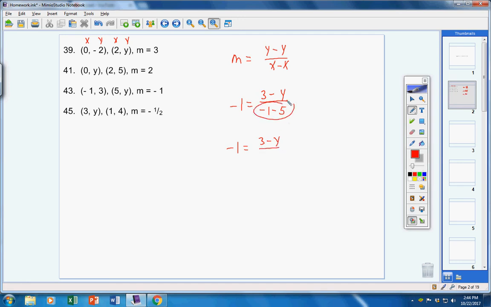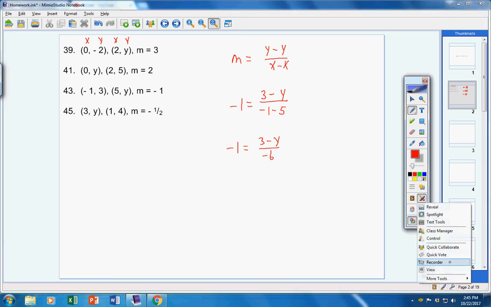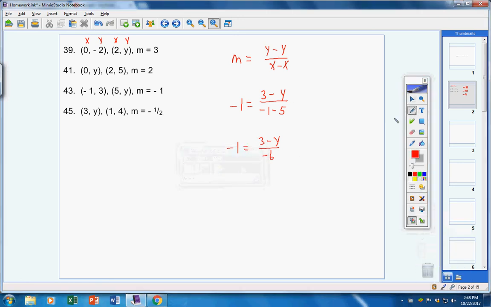Let's simplify this down to this. So now, students, I've taken this, simplified it down to this. So I'm going to get rid of my fractions. I will multiply the entire equation by negative 6 to get rid of my denominator.